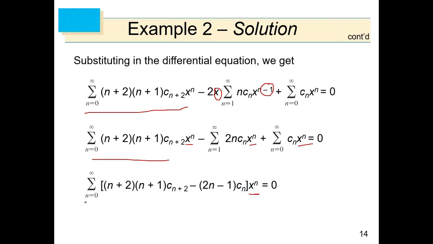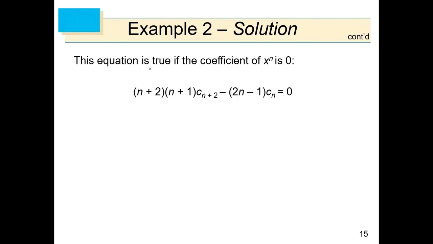So we get summation n equal to 0 to infinity, (n plus 2)(n plus 1) Cn plus 2, minus (2n plus 1), so minus 2n minus 1, into Cn, into x raised to n is equal to 0. This equation is true if the coefficient of x raised to n is 0.